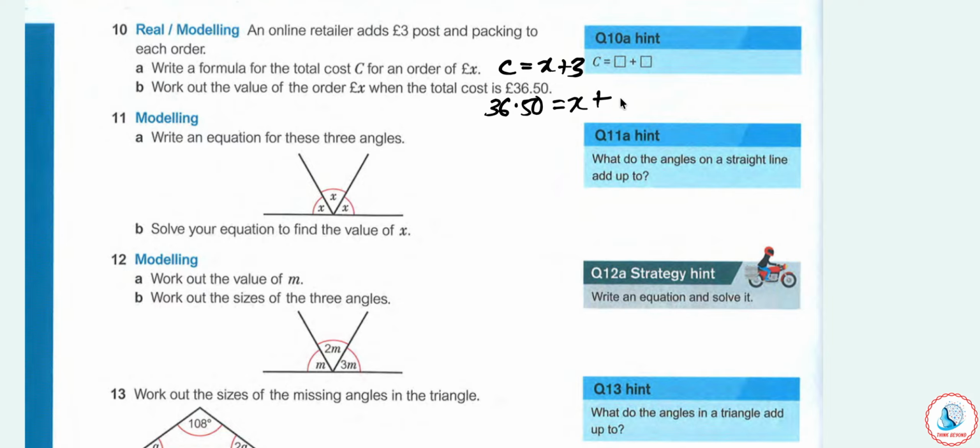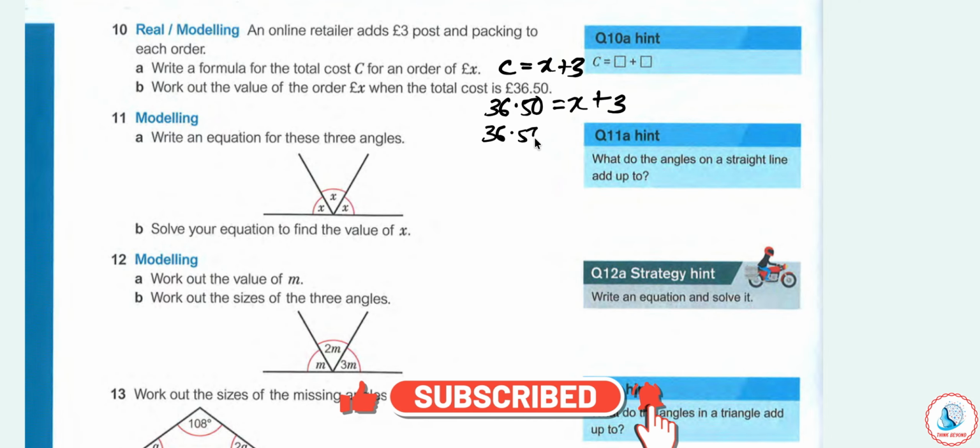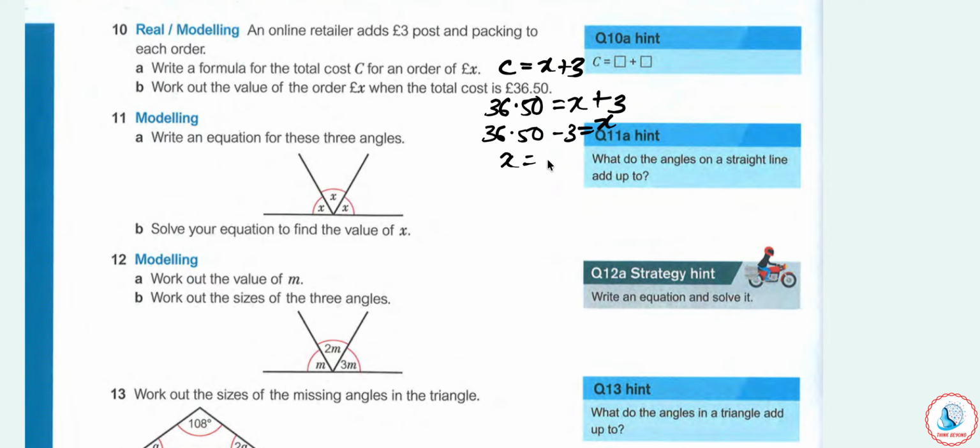We have to find that value. Now put it. So 36.50 minus 3 is equal to X. So X is equal to, now you can calculate, it will be 33.50. So the answer for X is 33.50.